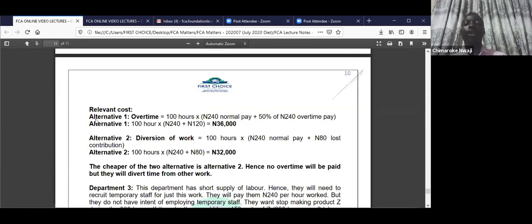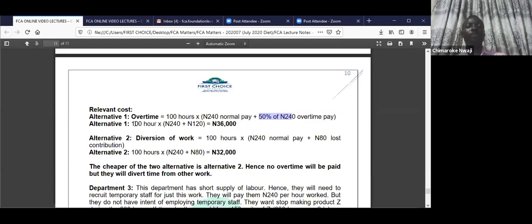So look at how it is being dealt with here. Relevant cost, alternative number one. Maybe we are using overtime. What it means is that the work requires 100 hours. This is 100 hours for that job. Now the overtime that you are going to pay them is, they said normal pay is 240 plus 50% of this normal pay as overtime. So you're not going to just pay them 50% of it. You're going to pay them the normal money plus overtime. That is why they are working.